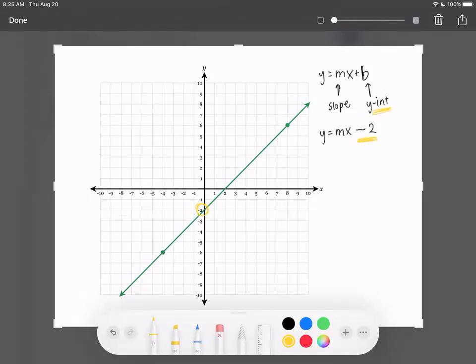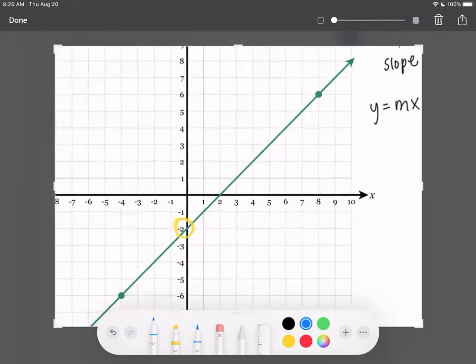Now we have to find our slope. So I think we had some practice finding our slope in the last homework, where you have to find some points on our graph where it's perfectly on the grid, and then you can just count how far up and how far down. So I picked these 2 spots because they are both on exact points, and then from here we can just count how far up, how far down, how far left, how far right.